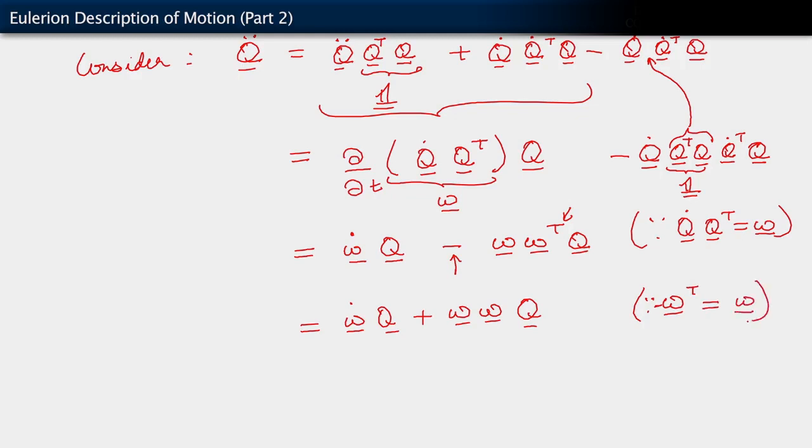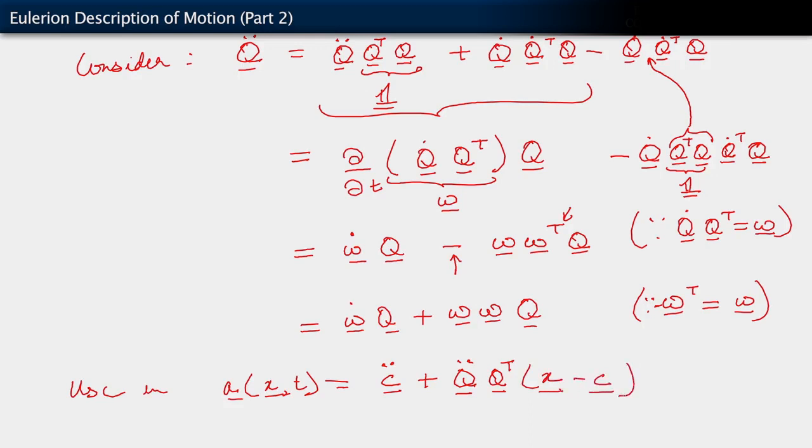All right, where did all of this come from? We used this back in a x comma time equals c double dot plus Q double dot Q transpose x minus c, from the previous slide.